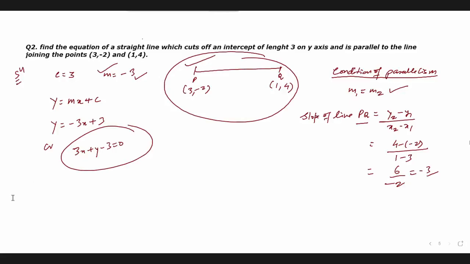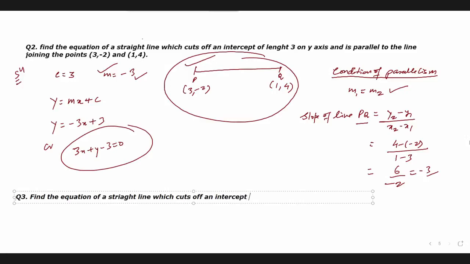And my question is that: find the equation of a straight line which cuts an intercept of four units, or we can say intercept of 4, and is perpendicular to the line joining coordinates (2, -3) and (4, 2).